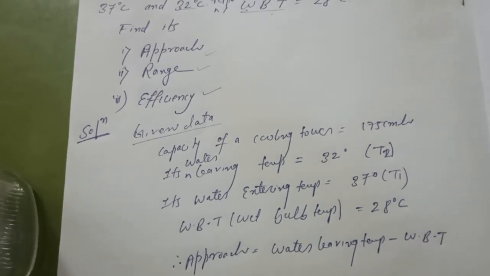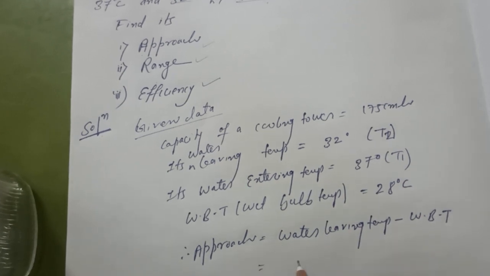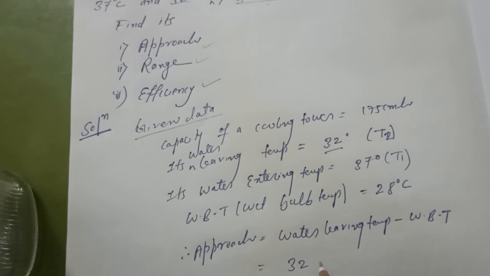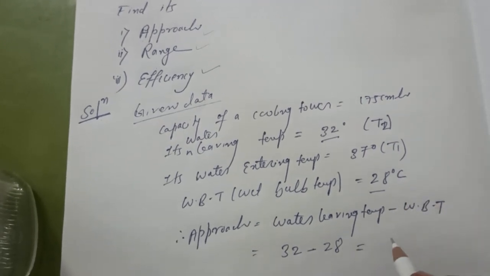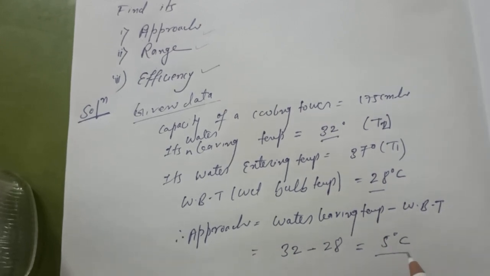Water leaving temperature means water leaving the cooling tower, that is 32 degrees Celsius, T2, minus WBT, that is 28 degrees Celsius. If we subtract it, we will get 5 degrees Celsius. This means the approach of that cooling tower is 5 degrees Celsius.